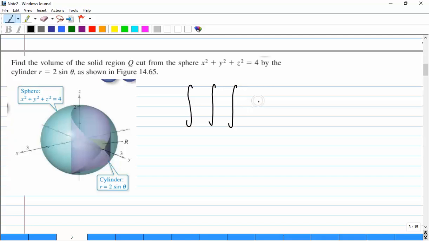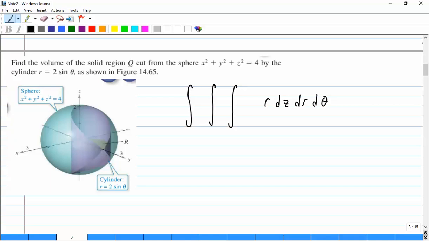You would put a function right there if it was the density of an object and we were trying to figure something else out. So there's no f of r cosine theta, r sine theta, z. There's nothing there. But we will have r dz dr d theta.